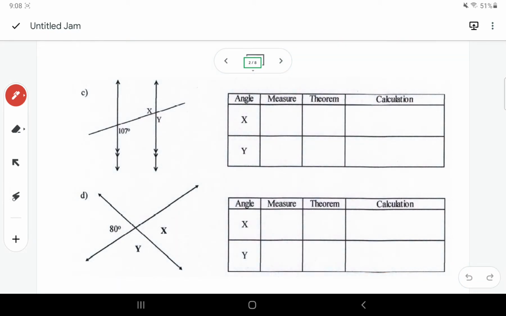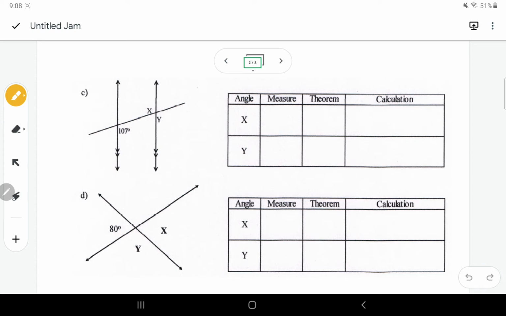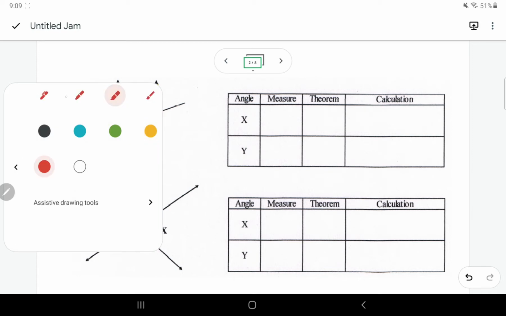For the next one, for C, I'm going to try and use a highlighter to show where these ones would go. So I see a Z pattern here, that alternating angles with the X and the 107.